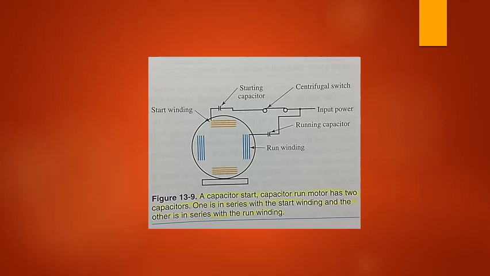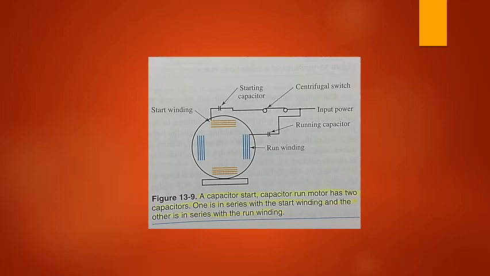The two capacitors are connected to the motor windings, one capacitor to the start winding and the other to the run winding. For these, see Figure 13-9.